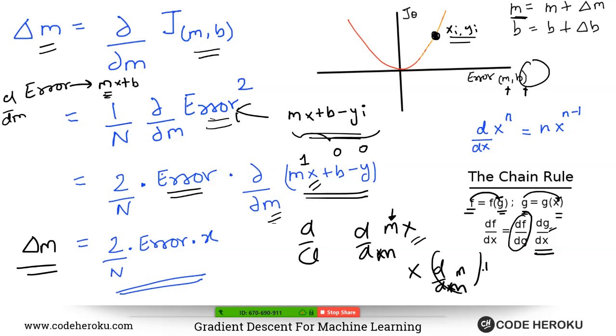As I told you, intuitively you could think that the amount by which you should change m will eventually depend on error. But an interesting observation from this result is that you should also multiply that by x itself. That won't come intuitively to us, but when we did the math, you could see that you have to multiply the error times x to adjust delta m.